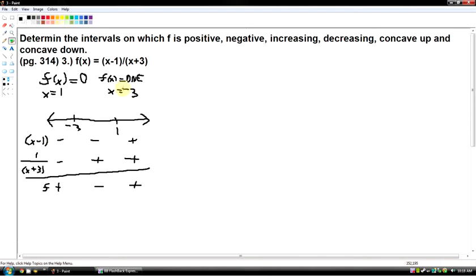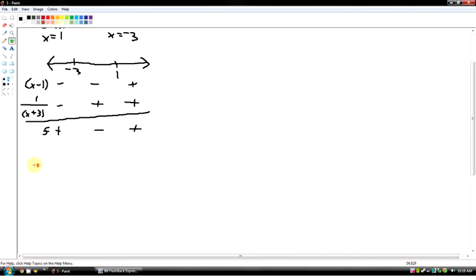So now let's find our first derivative, which will determine where it's increasing and decreasing.